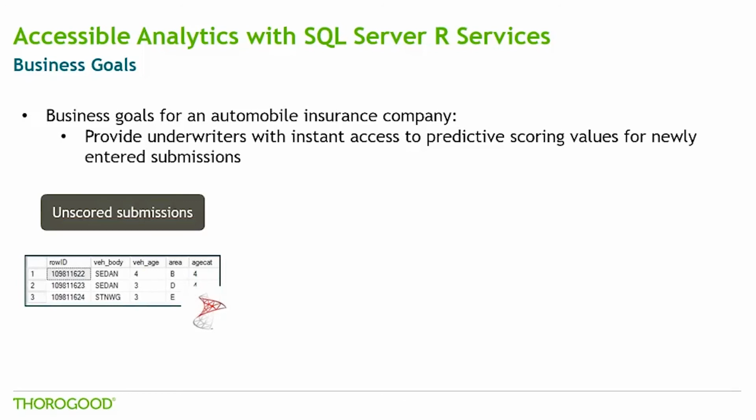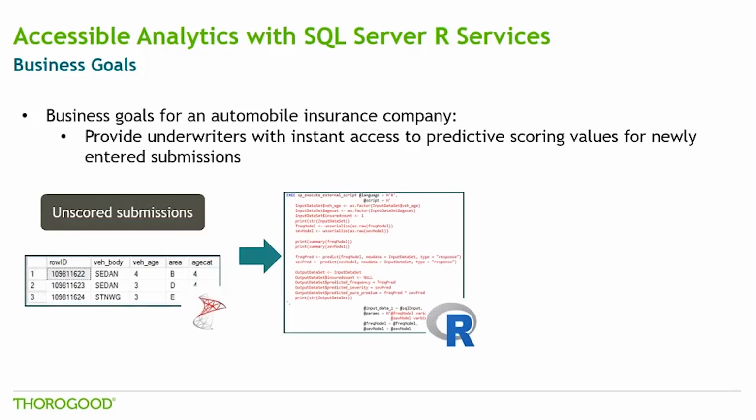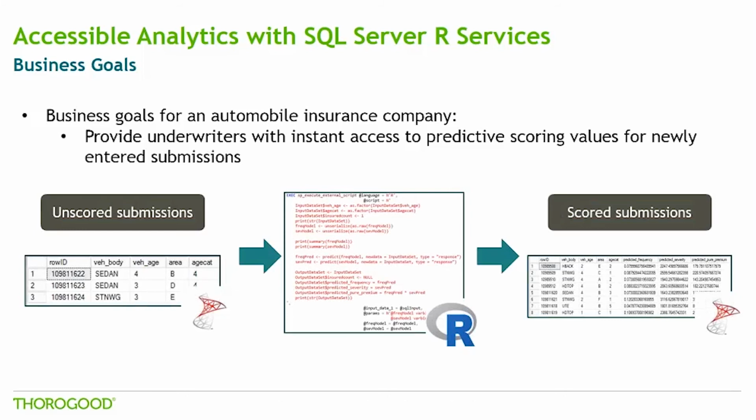With our services, what we're going to look to do is actually take those unscored submissions, apply our model directly in SQL Server using our services, and then pick up the scored submissions in the same database.